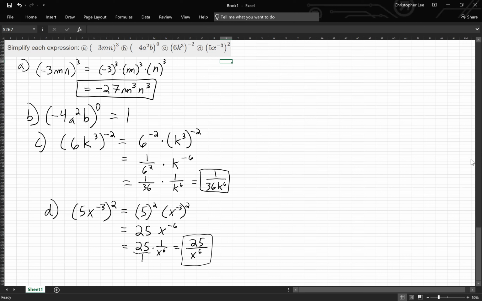Because remember, whenever we have whole numbers, we put it over 1 and multiply straight across. But why didn't you do 1 over? Because it's even. The 2 is an even power, not a negative power. The 3 is the one that has the negative on it. So we good? We understand? Go ahead.